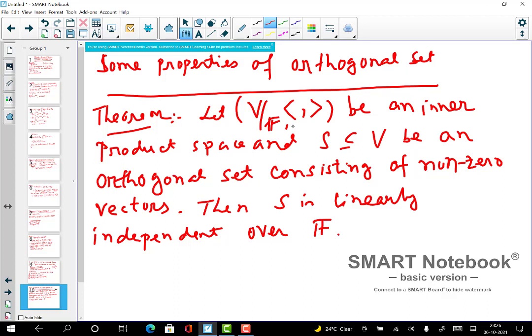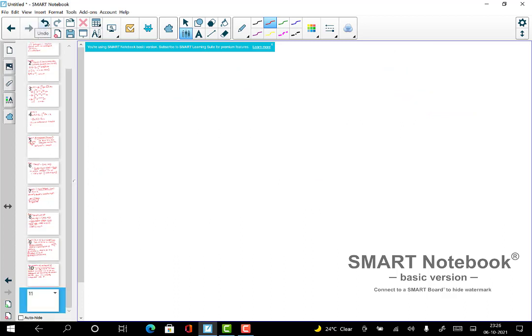I did not assume that F is finite or infinite, doesn't matter. The only thing is that to prove something about an infinite set, for example, if you want to prove that an infinite subset is linearly independent, it is enough to prove that every finite collection of that set is linearly independent. Then I am done, right?